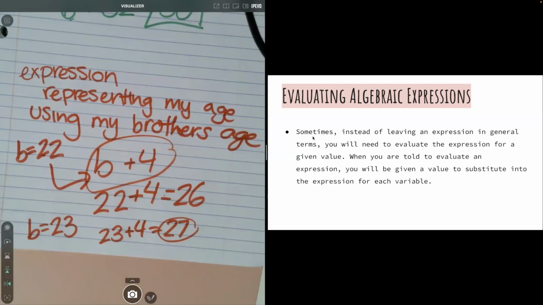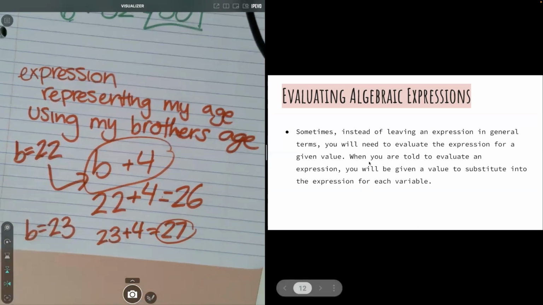Okay, so sometimes instead of leaving an expression in general terms, you will need to evaluate the expression for a given value, just like we just did for those two instances, those two given values. You'll be given a value to substitute into the expression for each variable when you're told to evaluate. So you don't have to be scared, like, how do I evaluate if I don't know what number to use for that variable? They have to give you that if they're telling you to evaluate.